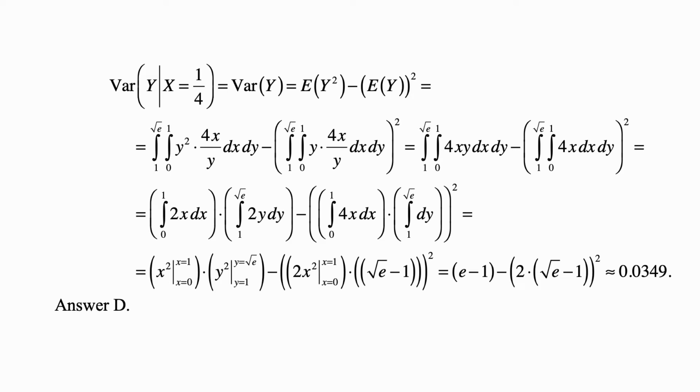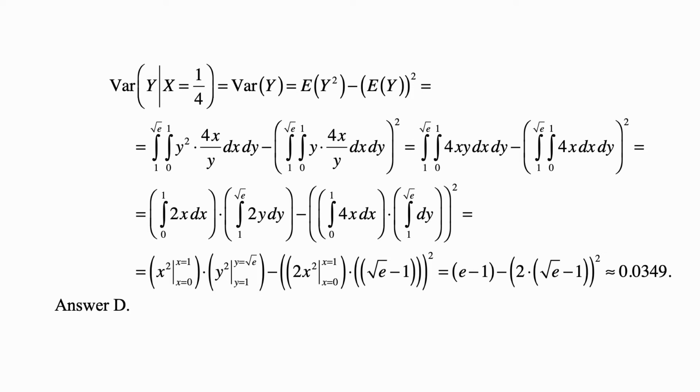And the E of Y is the integral from 1 to square root of e of the integral from 0 to 1 of y times the joint density of X and Y, and then that mean is squared. So this is the integral from 1 to square root of e of the integral from 0 to 1 of 4xy dx dy minus the integral from 1 to square root of e of the integral from 0 to 1 of 4x dx dy, and the whole thing squared.